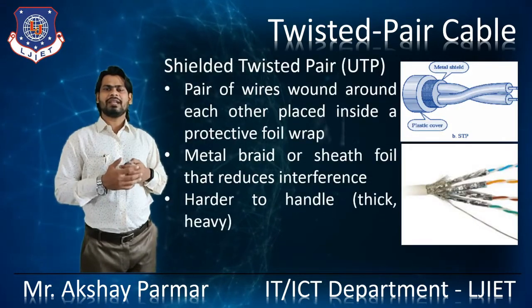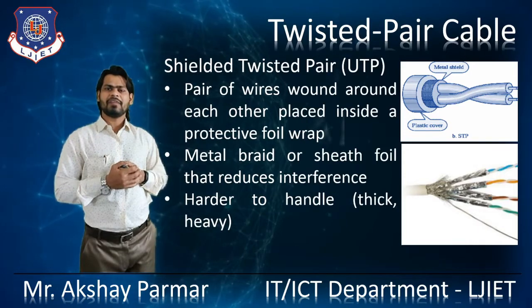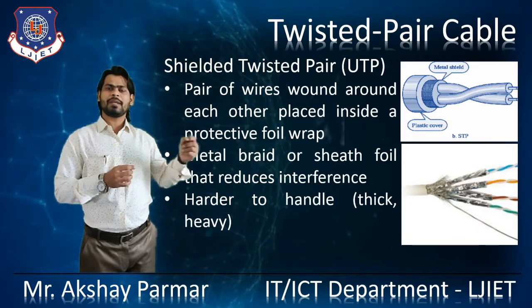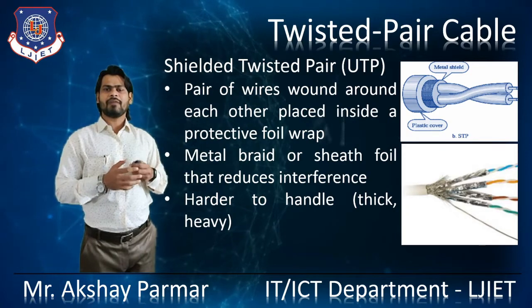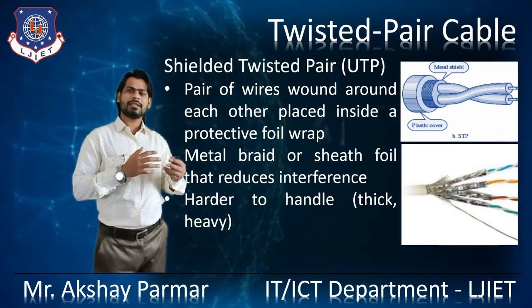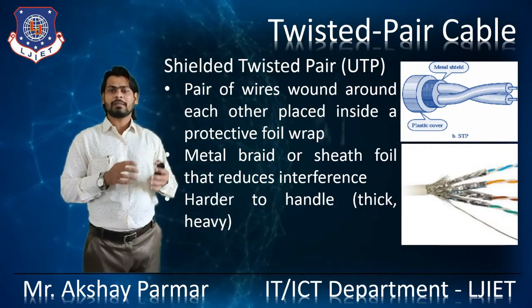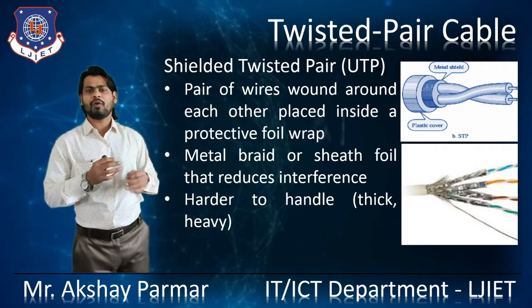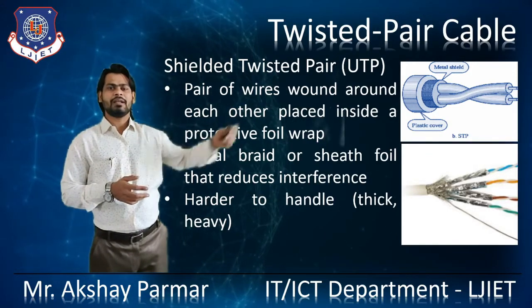After that, let's see another type of twisted pair cable, which is the shielded twisted pair cable. Pairs of wires are wound around each other and placed inside a protective foil wrap, as you can see in the figure.